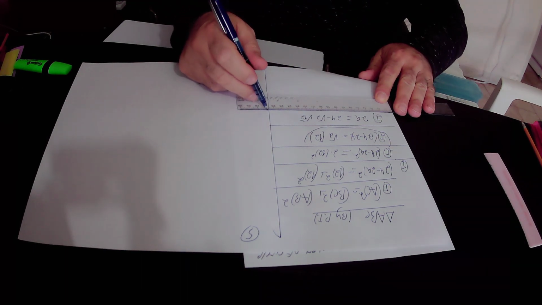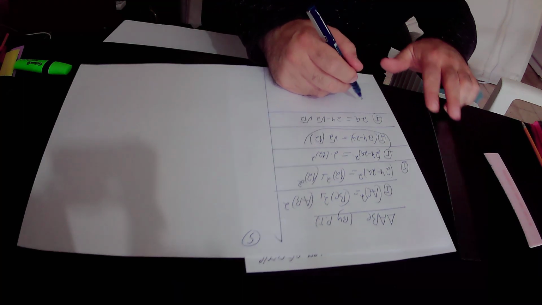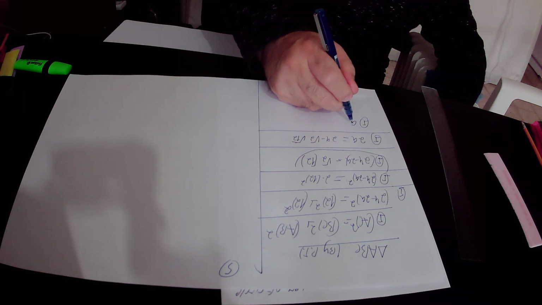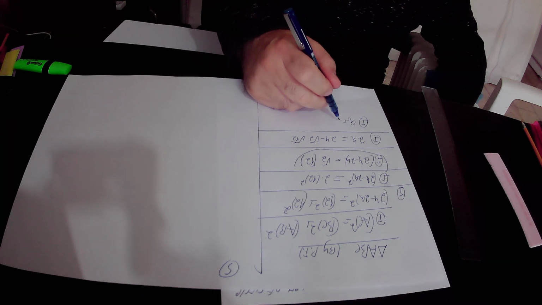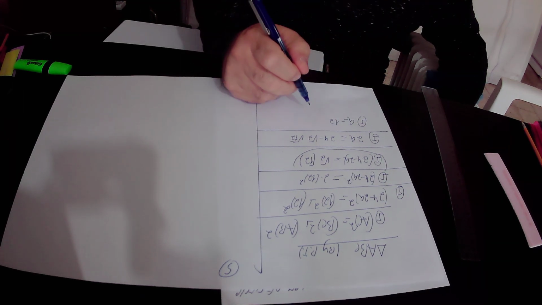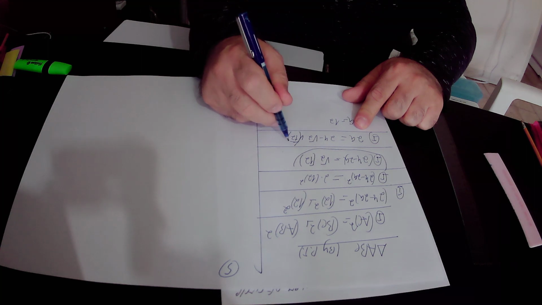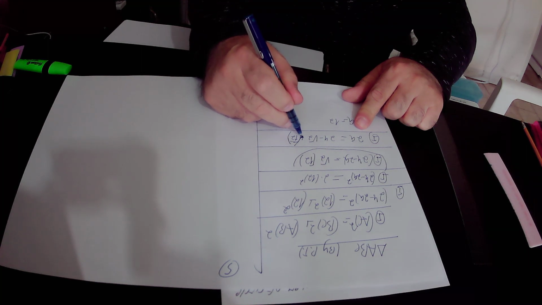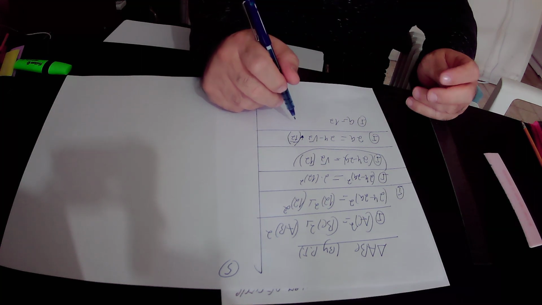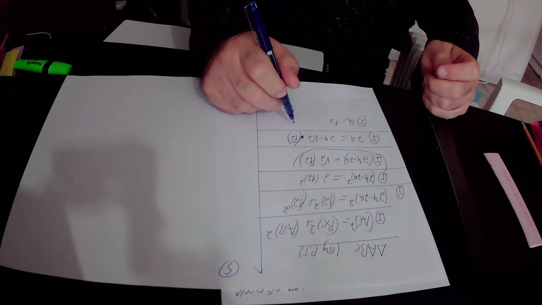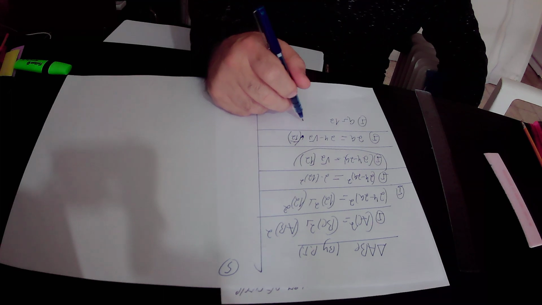Here we will divide equation number 1 by 2. 2A over 2 is A, so A equals 24 over 2 is 12, minus square root of 2 times 12 over 2, which is 6.